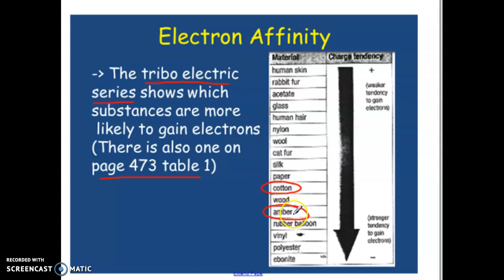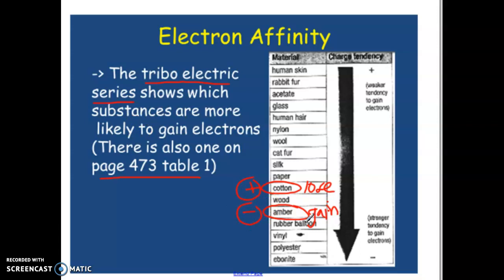It doesn't matter if it's a lot higher or a little bit higher. The object that is higher in the chart is the one that will lose electrons, so it will become positively charged, and the one that is lower in the chart is the one that is going to gain electrons, so it's going to become negative.